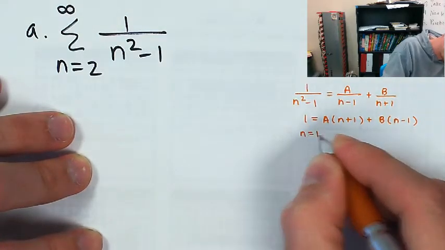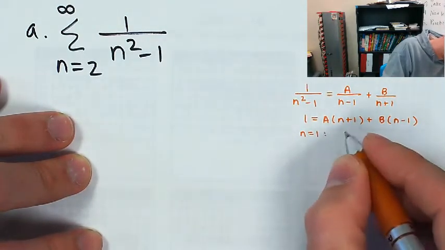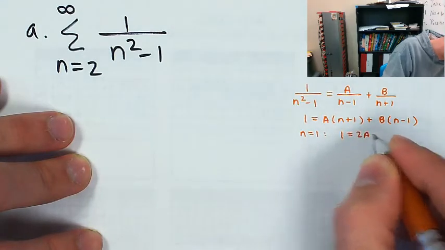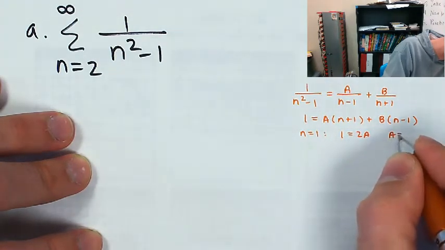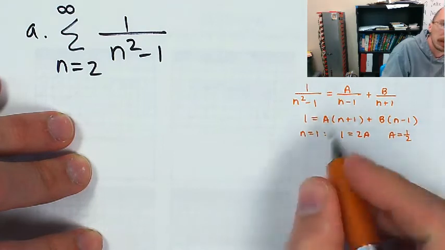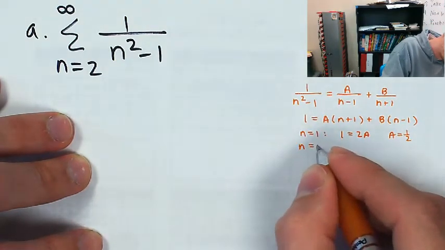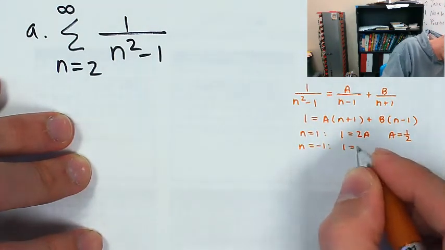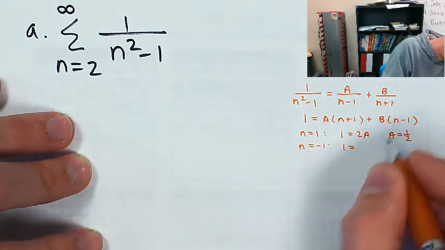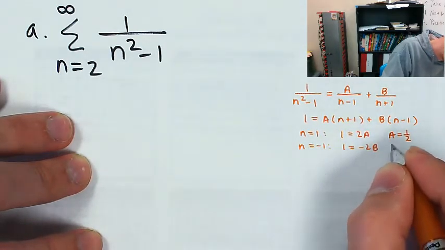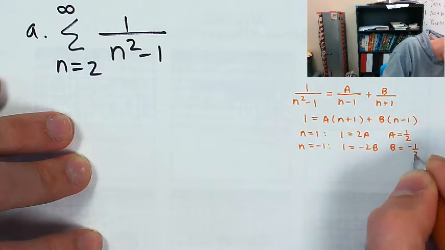Then I'm going to let n equal positive 1, and I'll get 1 equals 2a. That tells me a is a half. Then I can let n equal negative 1, and that will tell me 1 is equal to negative 2b, meaning b is negative 1/2.